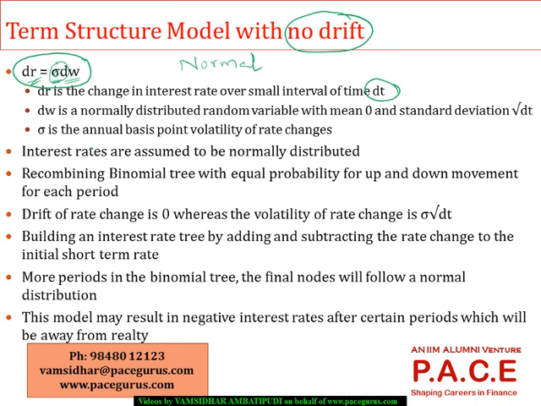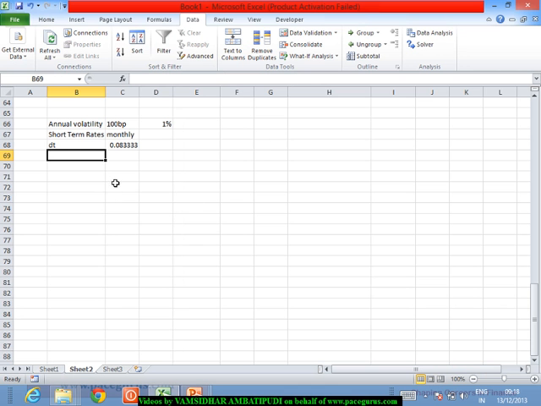And dW is a normally distributed random variable. What do I mean by that? For dW, the mean is 0 and the standard deviation is the square root of dt. Now what does that mean? I can generate some random value.